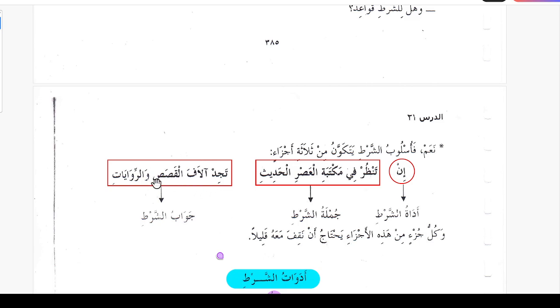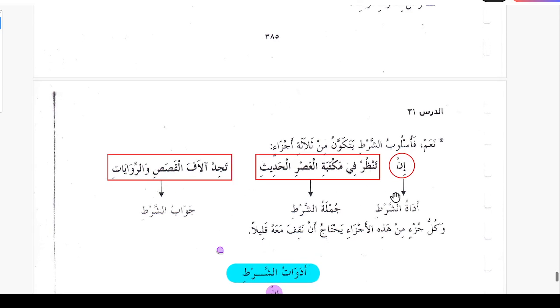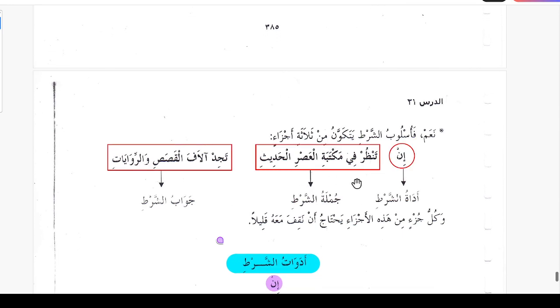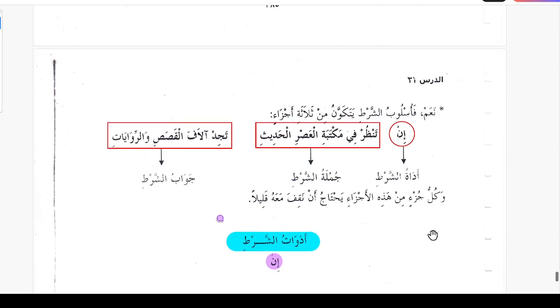Tajid alaf al qasasi wa rawayati. So then you will find this will happen. This is the tool of the condition called adatu shart, and this is the jumla shartiya. This sentence is making the condition, and this sentence is the answer, or the result of the condition. So those are the three parts.